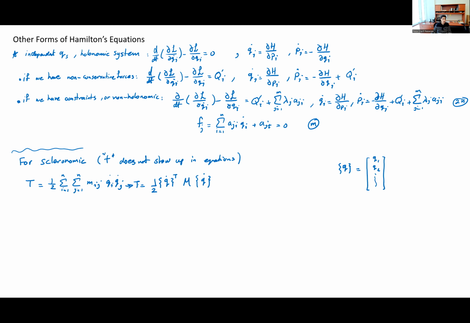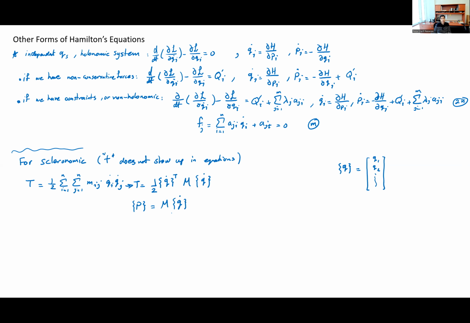In this form, the vector p containing all the momenta is going to be, if you take the derivative, M q dot.